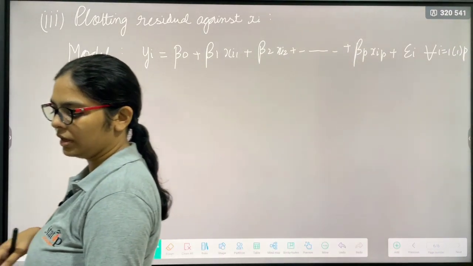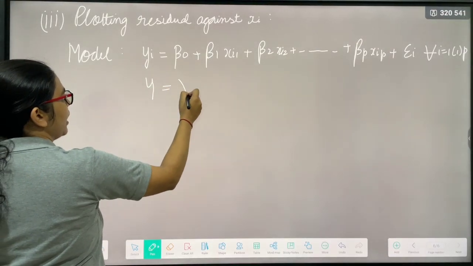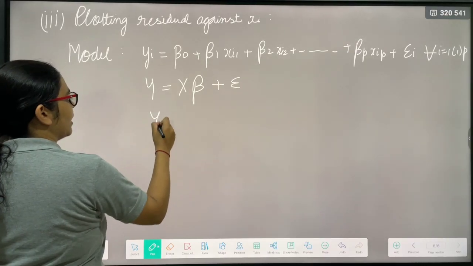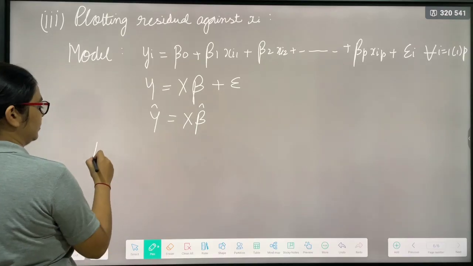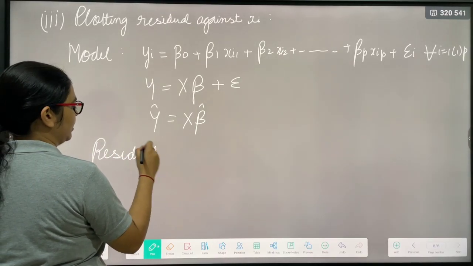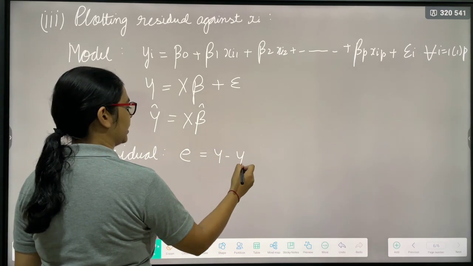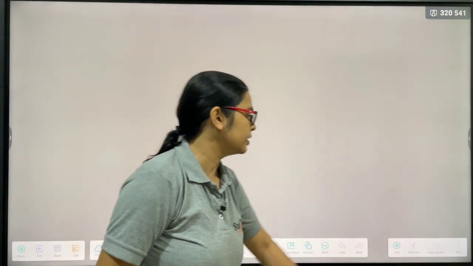This is our model. Now again we will calculate y is equal to x beta plus epsilon and y cap as x beta cap, and we get the residual, which is represented by E is equal to y minus y cap. Now again we will plot the residual.